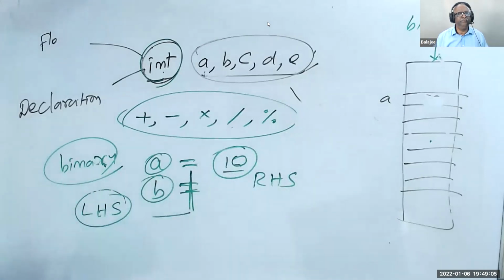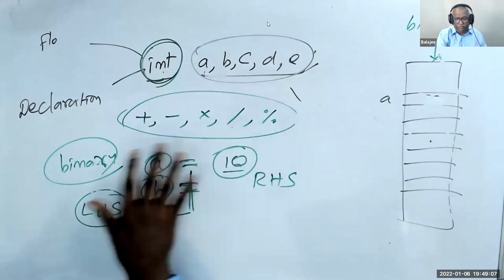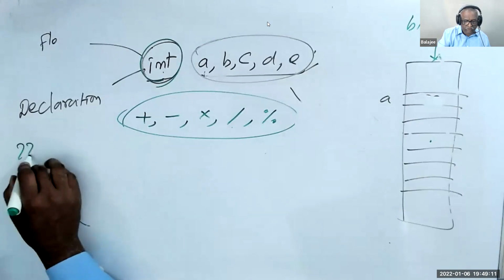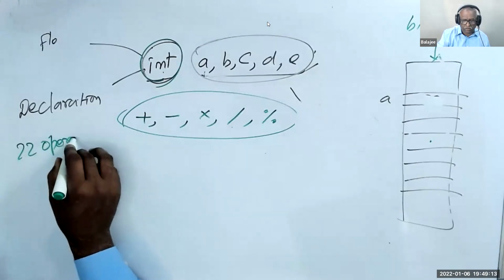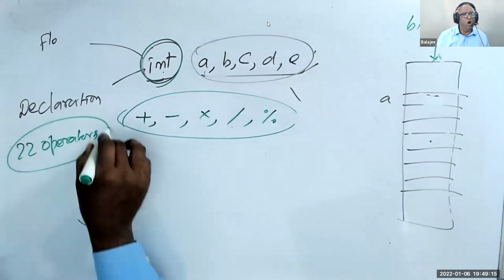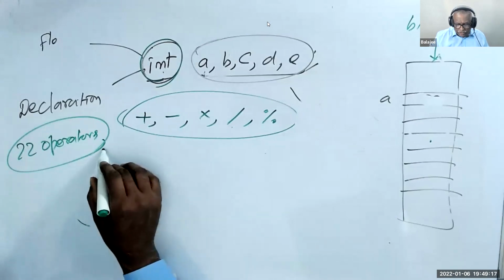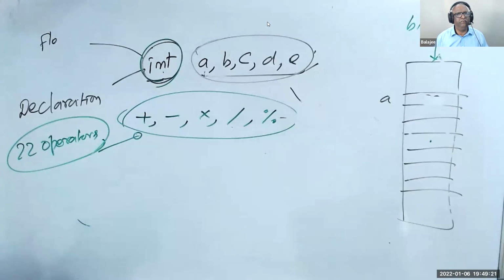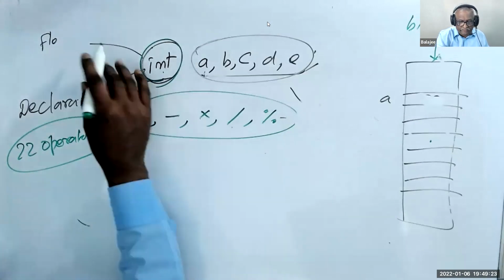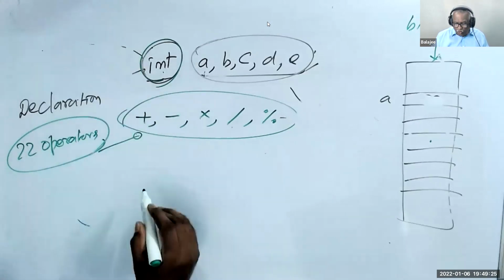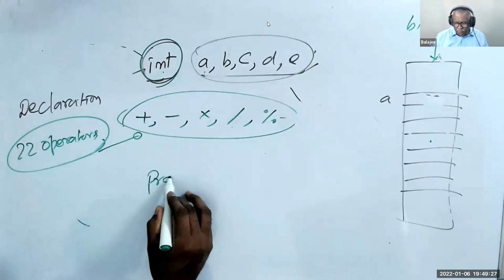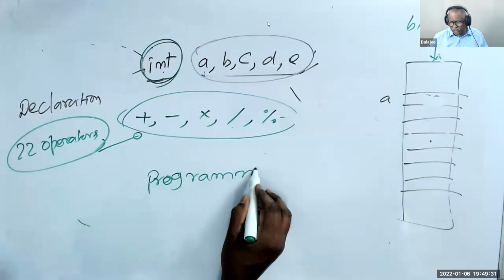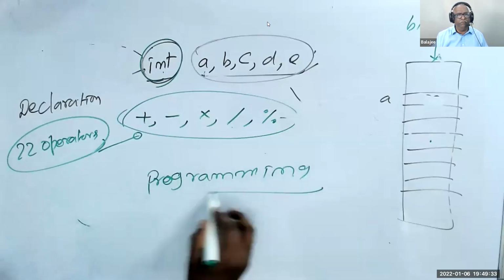That's it. So that's why I'm telling you, we have about 22 operators. Out of 22, we are using only how much? 5 while programming, not all of them. This is the trick. While you're learning programming, there's a big conceptual difference between you and me.